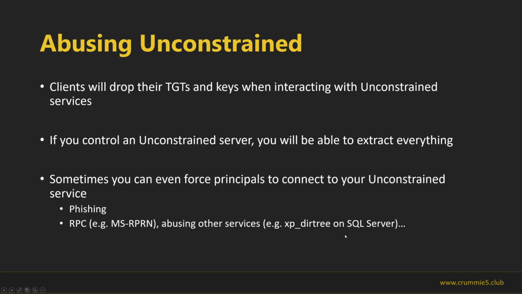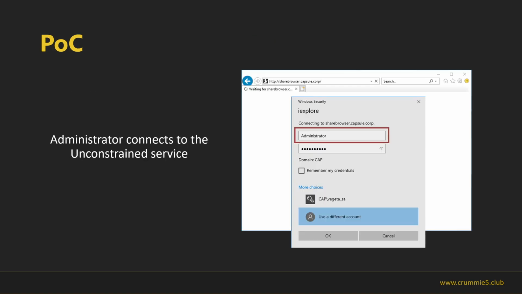Okay. Another example could be XP-dirtree for a SQL server that is running with a network service account or a domain service account, and it will authenticate into your unconstrained service, and you will be able to extract everything.